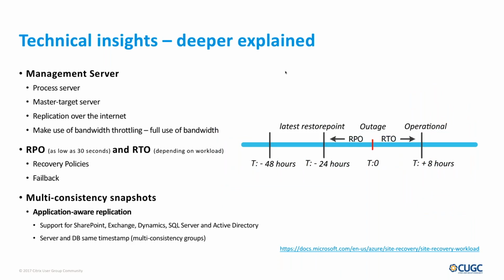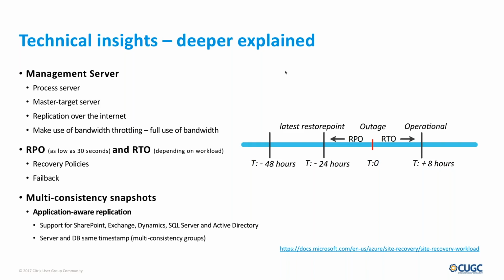So now, more deeply explained about Azure Site Recovery. Azure Site Recovery works from your on-premise environment through a management server, and that management server replicates the data from your virtual machines in your on-premise environment to Microsoft Azure, so over the internet or through the ExpressRoute when you're using the public peering.